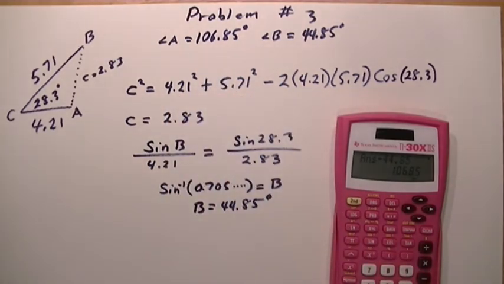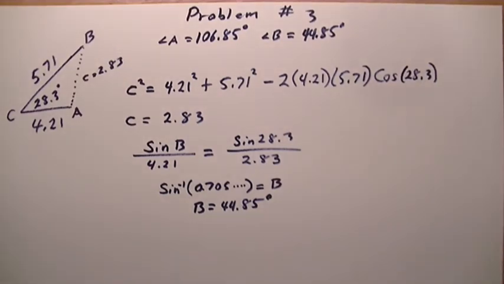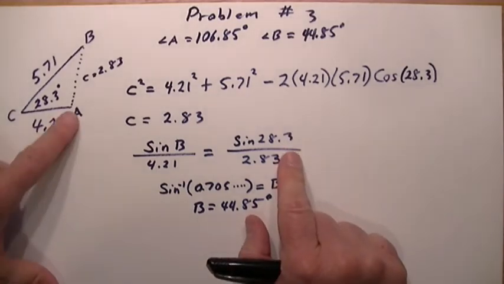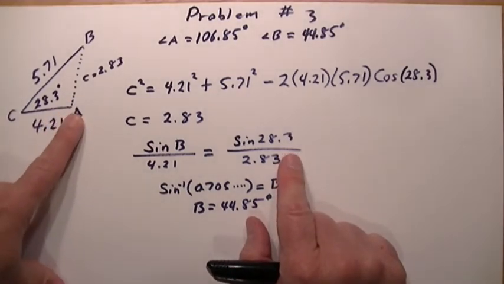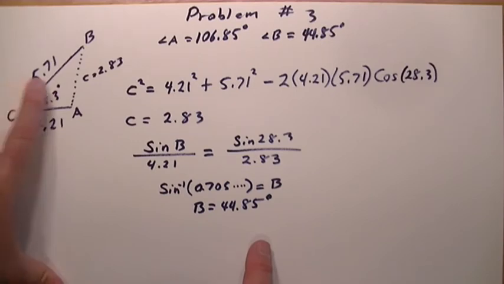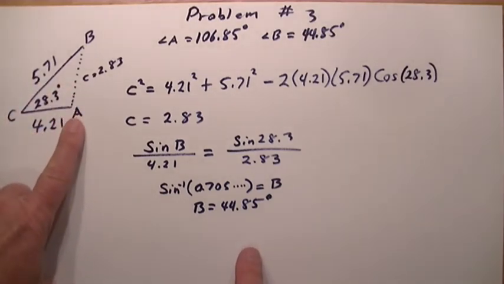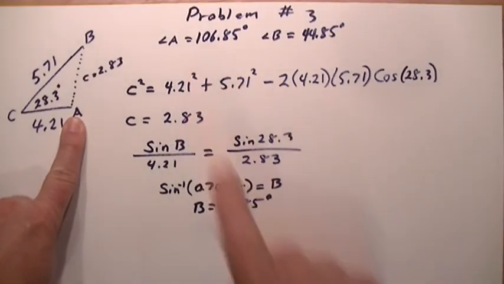And we're done at this point, but what I want to show you is if we had jumped in and done the law of sines for this angle. We knew just because of the size of these opposite sides that angle A was going to be the largest angle, and if any angle was even potentially going to be obtuse, it was going to be angle A. Turns out it really was obtuse.